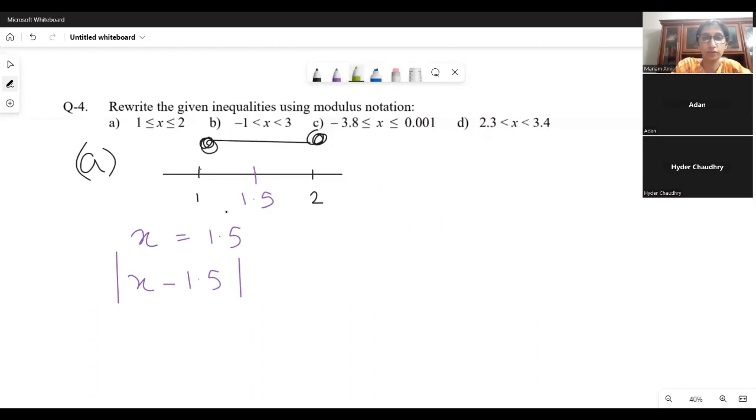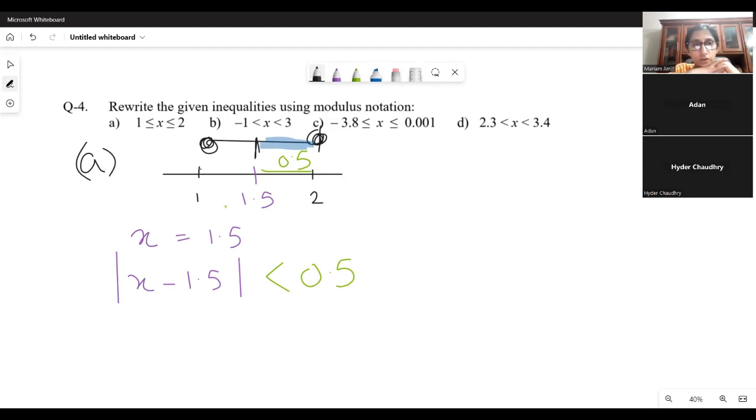Now the distance from the center to one of the sides is 0.5. And we're going to write modulus x minus 1.5 is less than or equal to 0.5. Because we're talking about this region where the distance is never greater than 0.5 between the center and the extreme value. The maximum distance is 0.5.